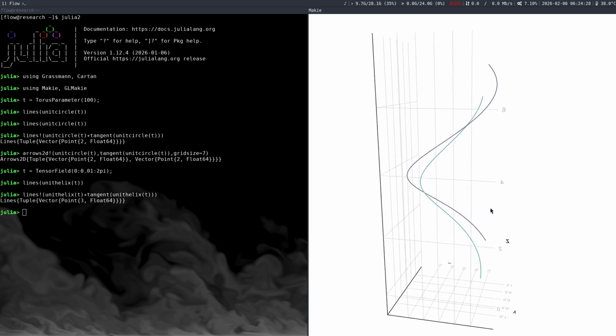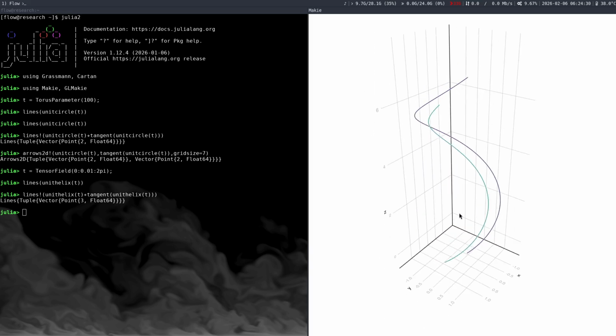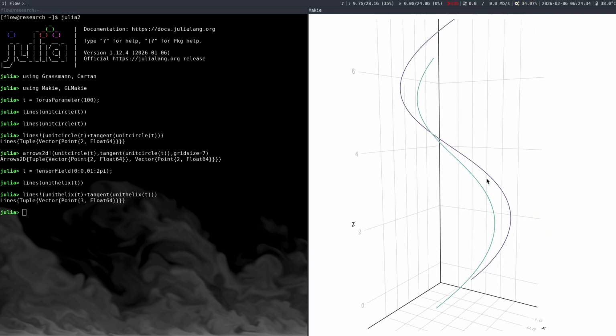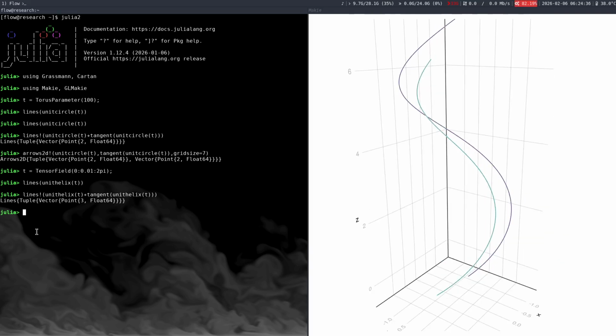That's the tangent. And then we can do the arrows of the unit helix as well.